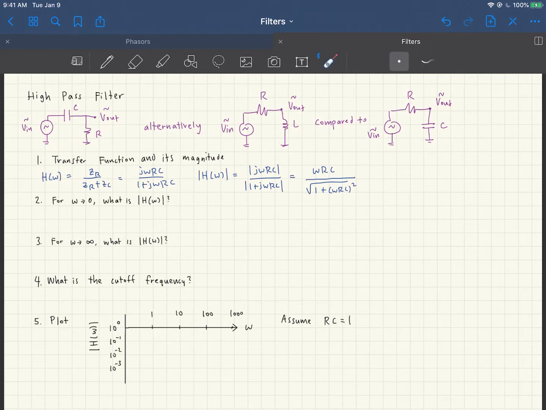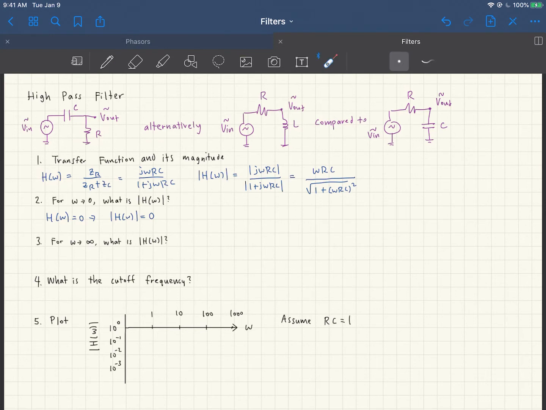Now for omega close to 0, what is the magnitude of H of omega? H of omega will be equal to 0, which implies that the magnitude of H of omega will also be 0. Now for omega close to infinity, what is H of omega?